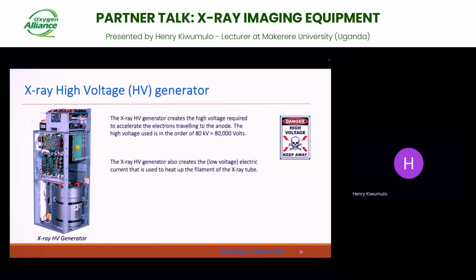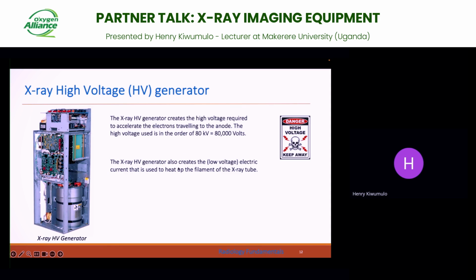In addition to the tube, we have what we call a high voltage generator. This generator creates the high voltage that we have talked about, and this accelerates the electrons that travel to the anode from the cathode. This voltage can shoot to around 80 kV, which is really high.